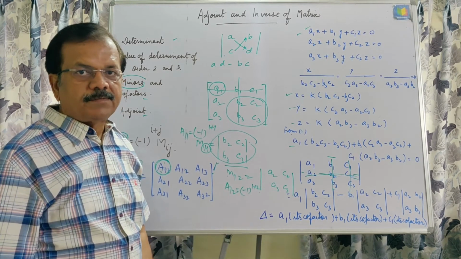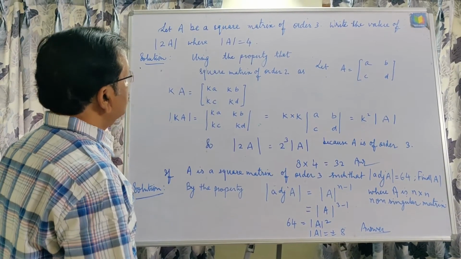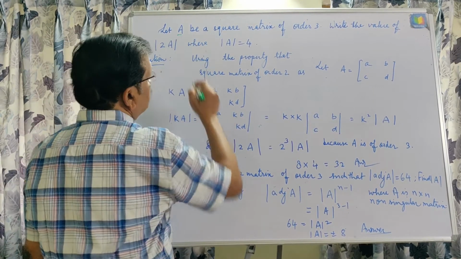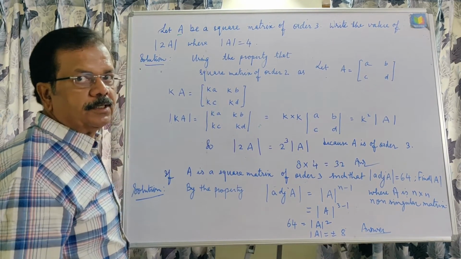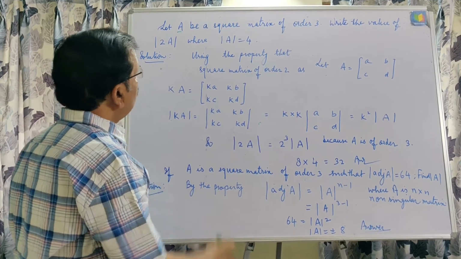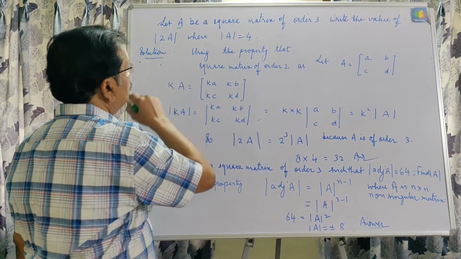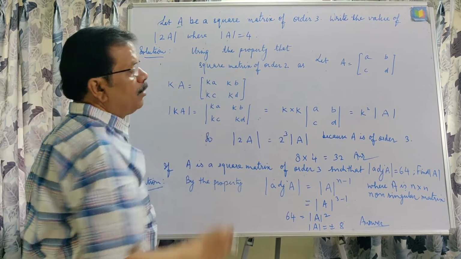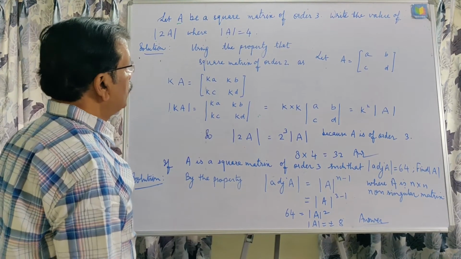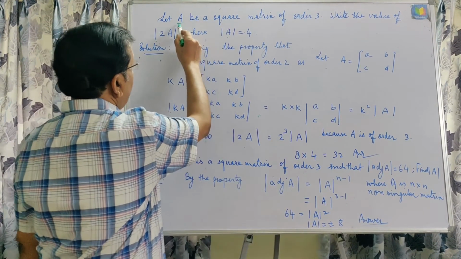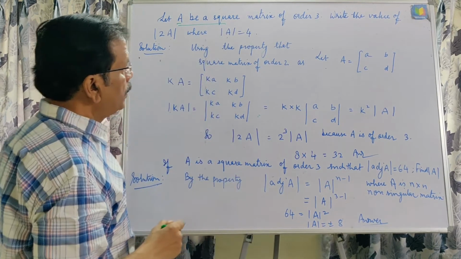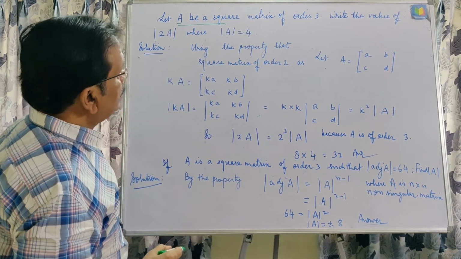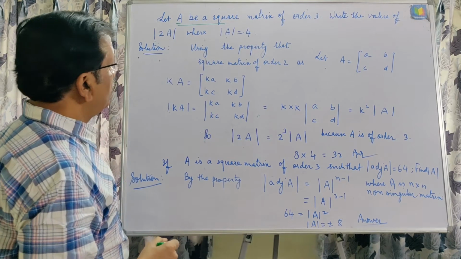Now questions. In this question, A is any square matrix of order 3. Write the value of determinant 2A where determinant of A is equal to 4. Since we are given A is any matrix of order 3, we have to write the value of this.